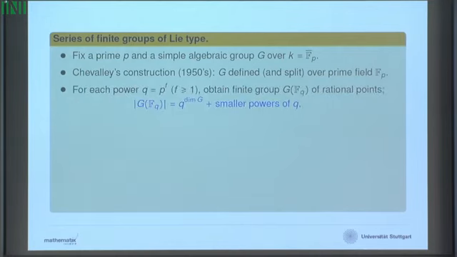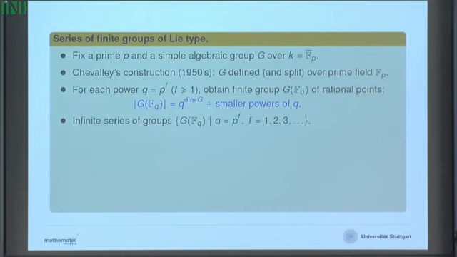Now, working over this prime field means whenever we choose a prime power q, then we get a finite group of rational points in this algebraic group. The order of these finite groups is roughly q to the dimension of G plus smaller powers of q.